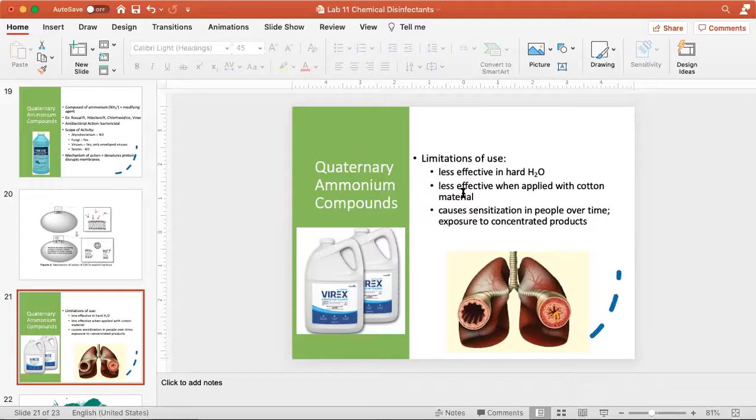Here's something very interesting. These are less effective when they are applied with cotton material. So I said a moment ago that we often use quaternary ammoniums as antiseptics as well as disinfectants. Hibiclens, for example, is used to clean your skin, so it's an antiseptic.